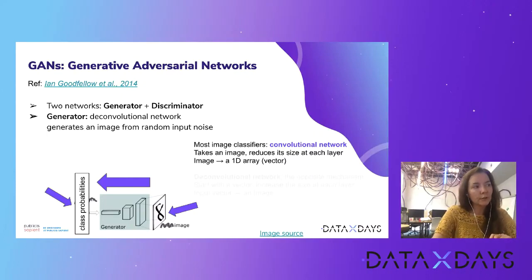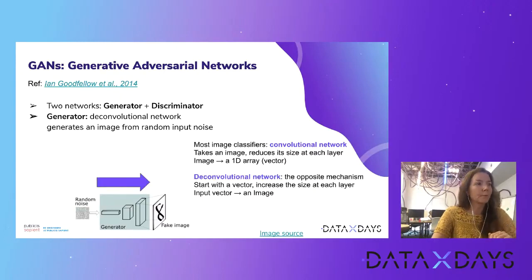In a deconvolutional network, we have the same process, but in the opposite direction, meaning that we start with a vector. In this case, we start with a vector of just random noise, just to introduce some randomness into the system, because we don't want to generate the same exact image every time. So we start with this noise vector, and then we pass it through deconvolutional layers.